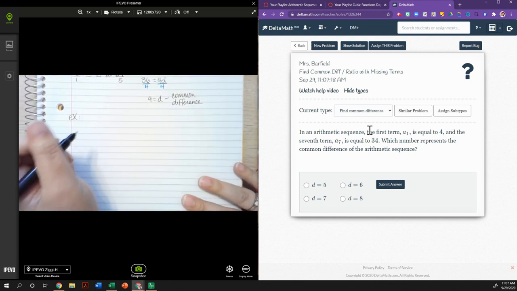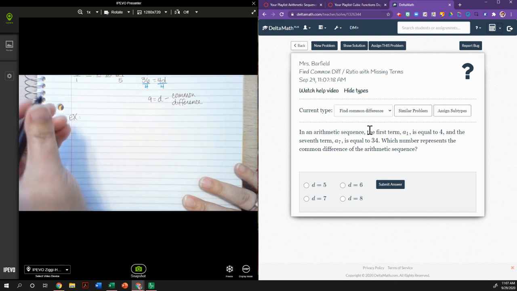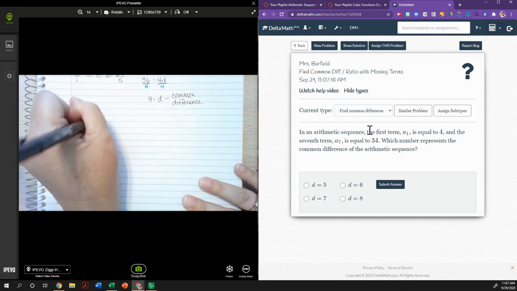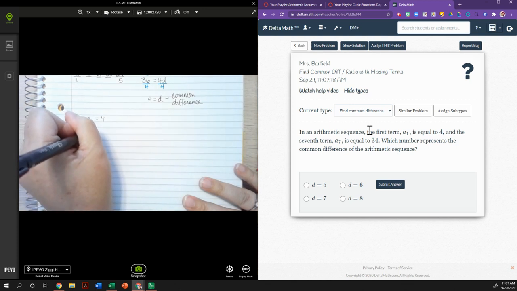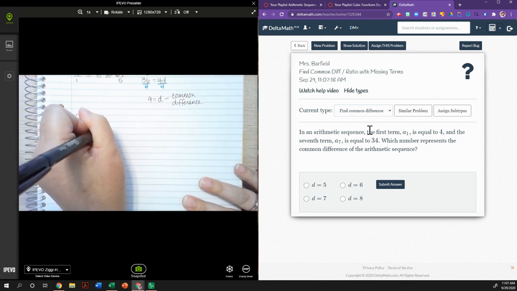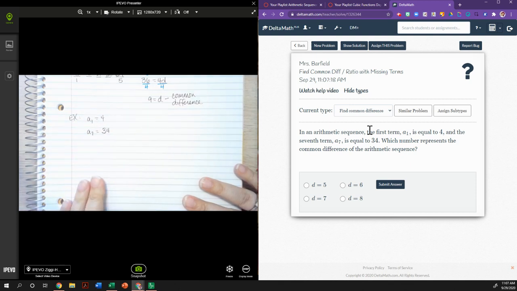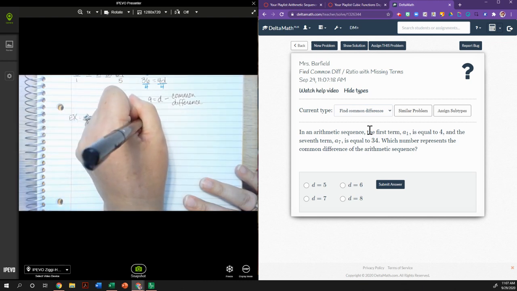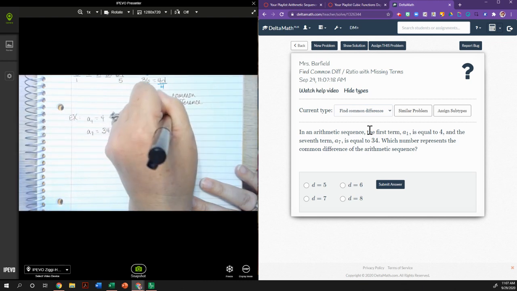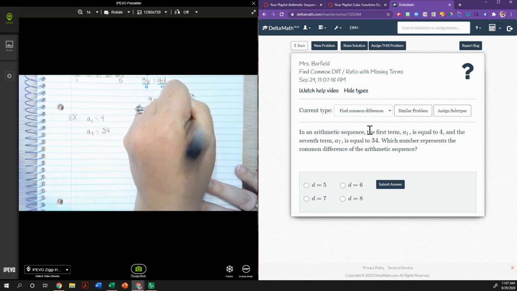In an arithmetic sequence, the first term, a sub 1, is equal to 4, and the seventh term is equal to 34. Which number represents the common difference? So a sub n equals a sub 1 plus n minus 1 times d.